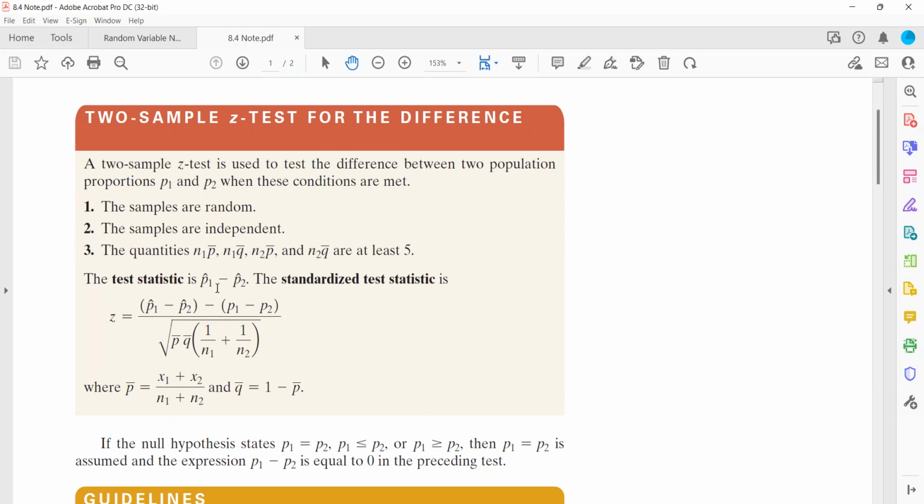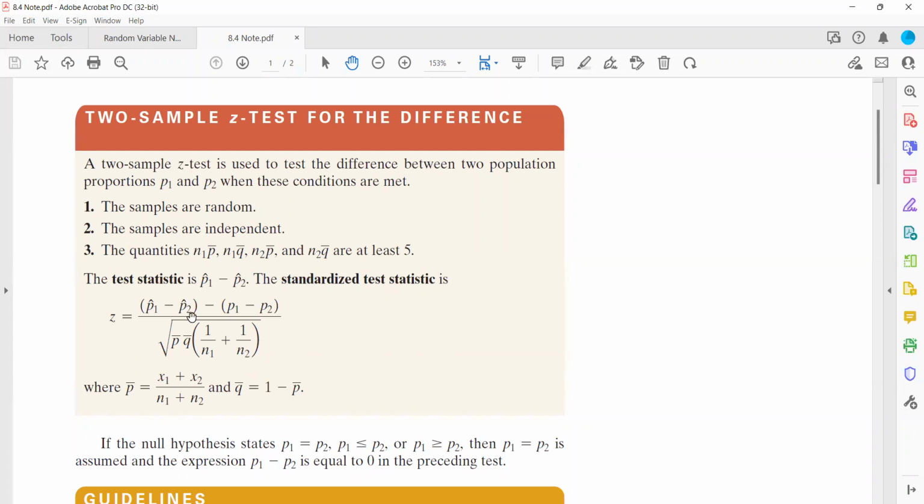P1 hat minus P2 hat. Well, the standardized test statistic that we are working with is Z, which is equal to, on the numerator, P1 hat minus P2 hat minus (P1 minus P2). On the denominator, the standard error is the square root of P bar times Q bar, parentheses, 1 over N1 plus 1 over N2.